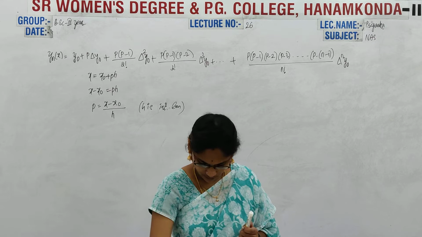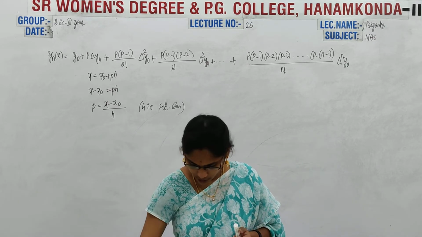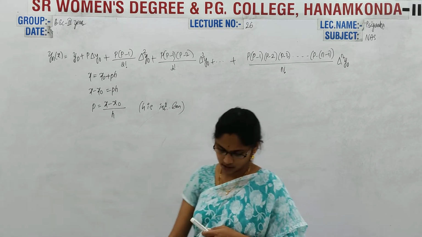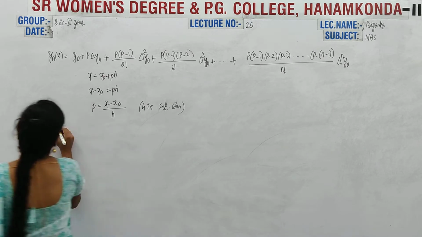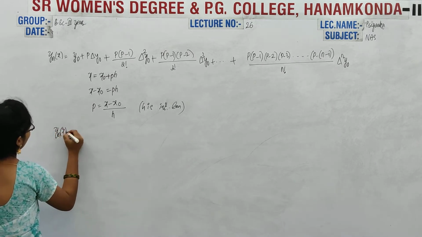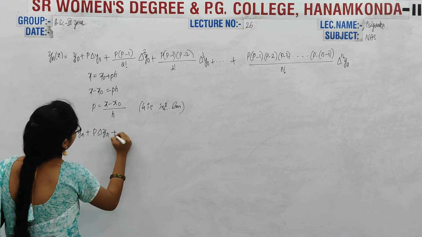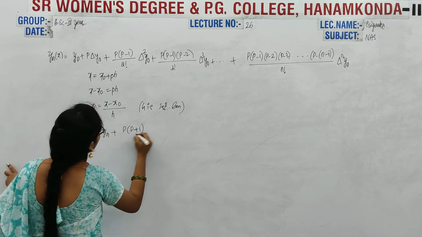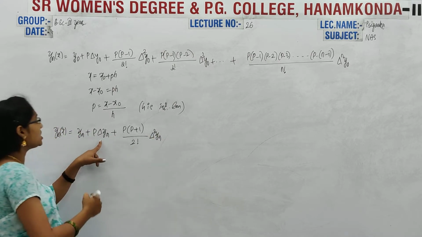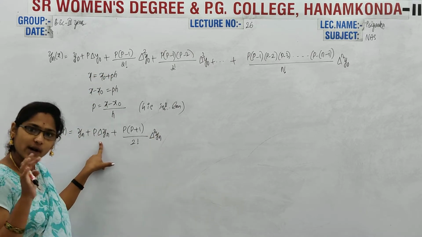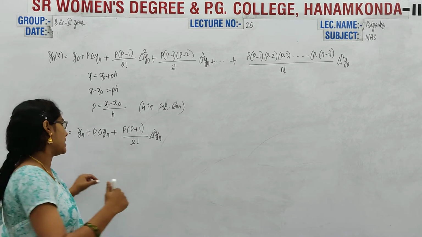Next, put a side heading: Newton's backward difference interpolation formula. For this, the formula is yn of x equals yn plus p delta yn plus p into p plus 1 by 2 factorial delta square yn. Here, for the forward we take y naught, the initial value; here yn means the last value.